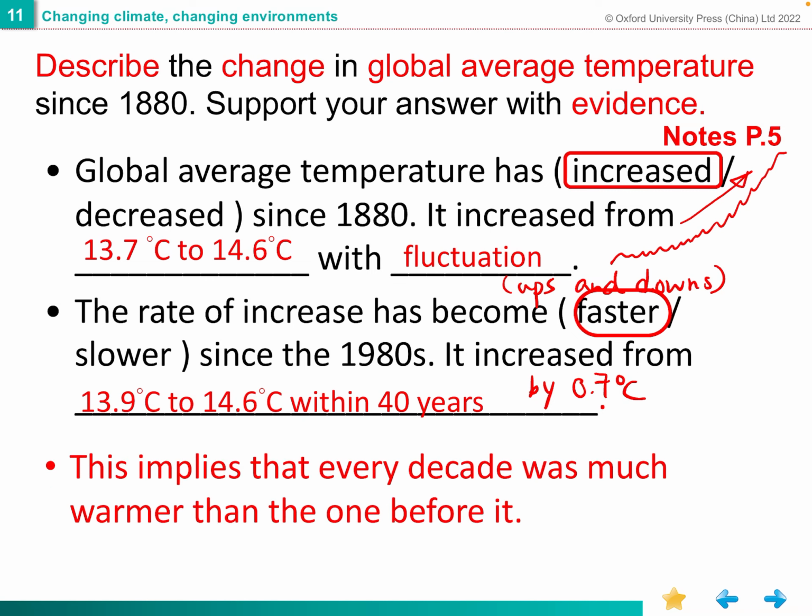It implies, you can use the word shows, every decade, which means 10 years, was much warmer than the one before it. So now it's warmer than 10 years ago, and 10 years ago was much warmer than the 10 years before it. That's why it's so hot now. So please mark it down.